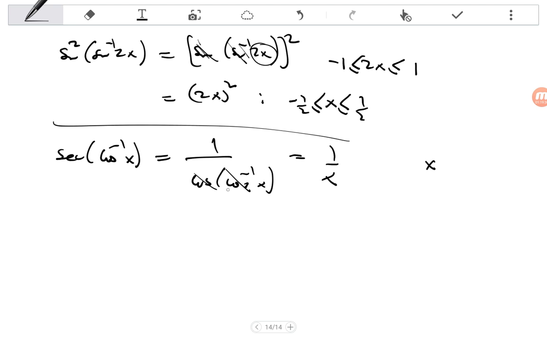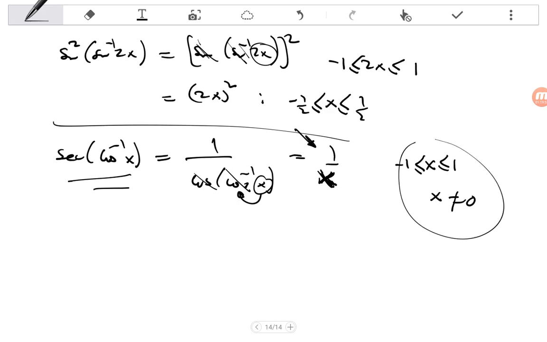So I have to find that x to satisfy the restriction of an input of a cosine inverse, which would be from negative 1 to 1. And also this x is in the denominator, so it can't be equal to 0. So the result is: x is from -1 to 1 and x is not equal to 0.